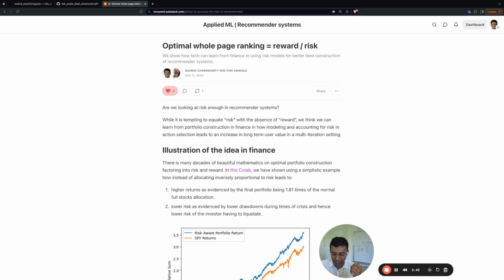So as far as the reward system of the app is concerned, there is this pointwise reward of what you did with that recommendation. And then there's the whole session reward. The whole page ranking part of the literature optimizes towards the whole session reward.